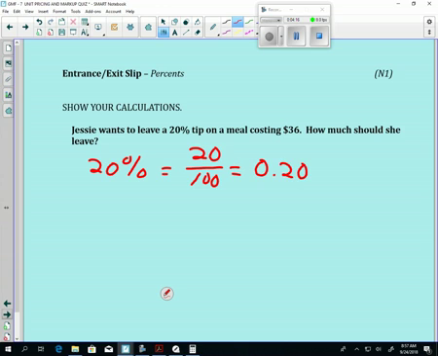That's our decimal. How much would she leave? Well, if her meal costs $36, we multiply by that decimal, the percent. So she would leave a tip of $7.20.